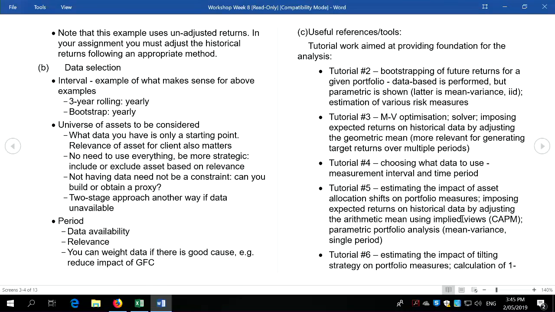When you generate asset allocation output from the quantitative models and you want to test some of your ideas, for example, I want to introduce gold into my investor's portfolio, how will that impact my investor's portfolio outcome? You might have some inspiration from these tutorials.